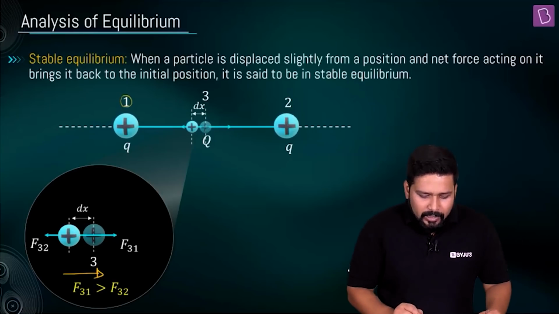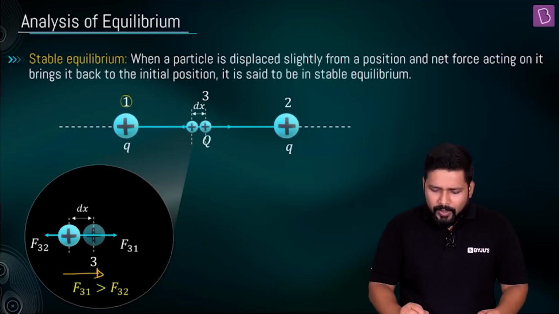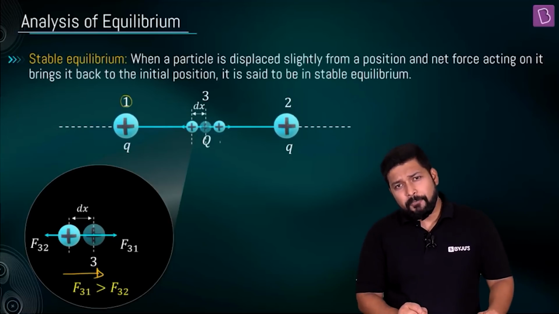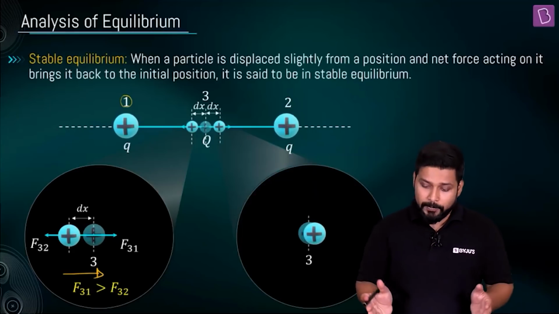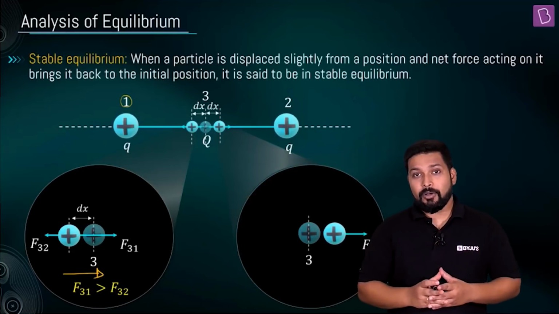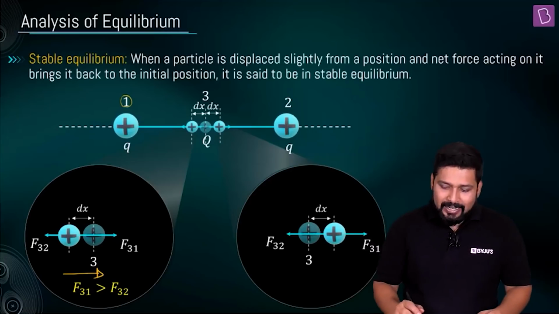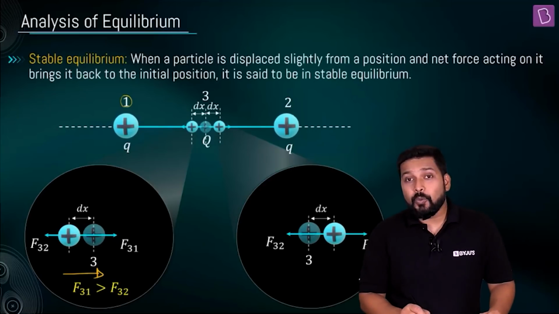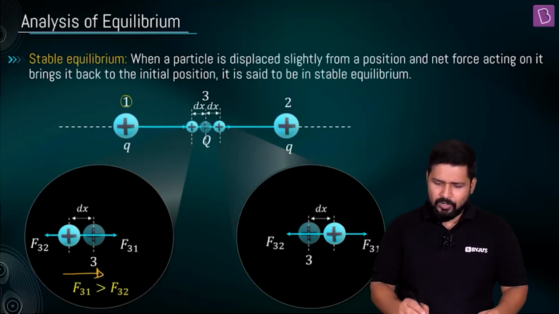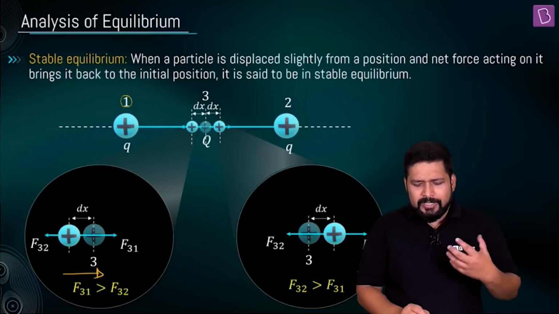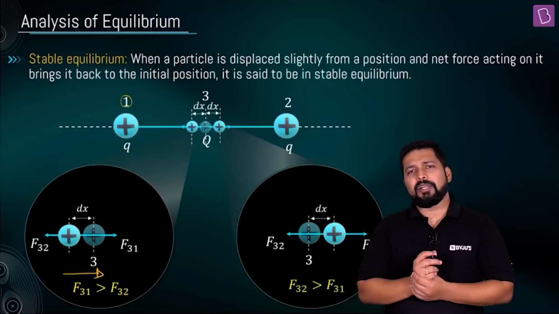If you shift it in the other direction also, as we have seen, the net force will again try to bring it back to its equilibrium condition. So it is under a state of what kind of equilibrium? Stable equilibrium. Clear with this? Okay, so this is under a state of stable equilibrium.